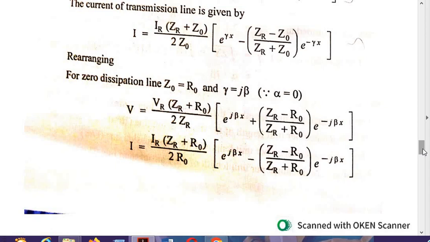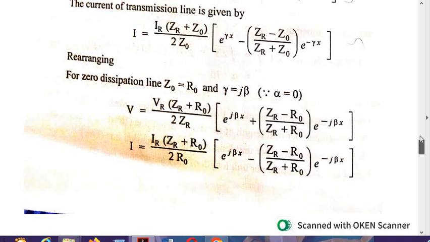There are many lengths we can consider, for example one-eighth wavelength, quarter wavelength, and half wavelength. One-eighth wavelength means lambda by 8, quarter wavelength means lambda by 4, and half wavelength means lambda by 2. This is called the electrical length. So we consider L as x, and the value becomes e power j beta into x.